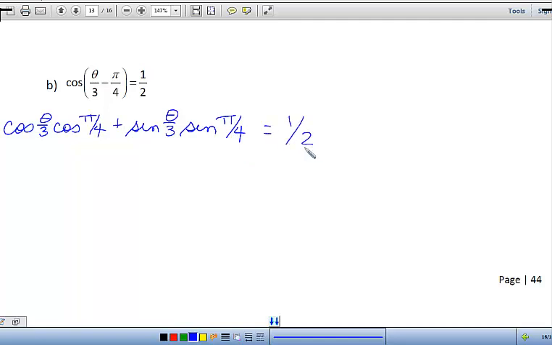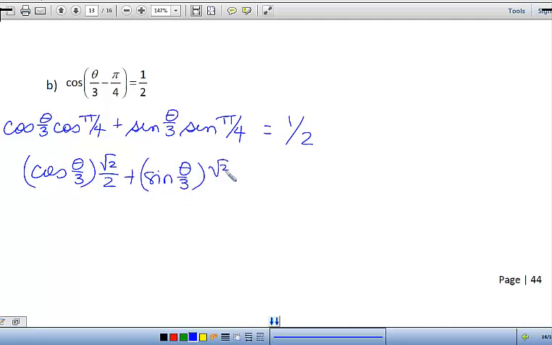Fortunately, I know some of these values. I know cosine of pi over 4 is root 2 over 2. So we get cosine of theta over 3 times root 2 over 2 plus sine of theta over 3 times root 2 over 2 equals 1/2.